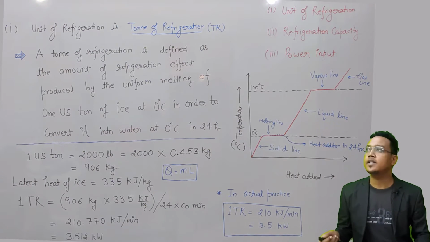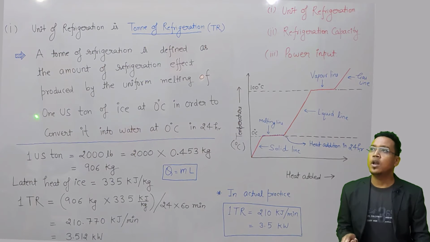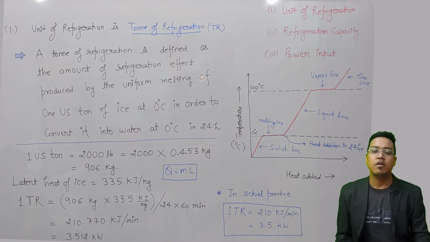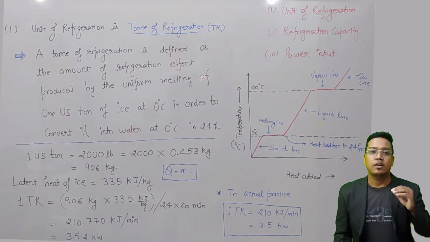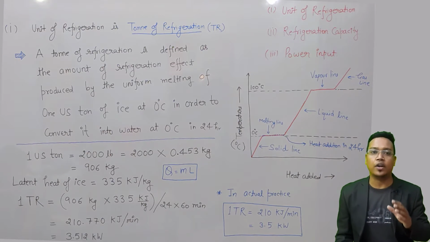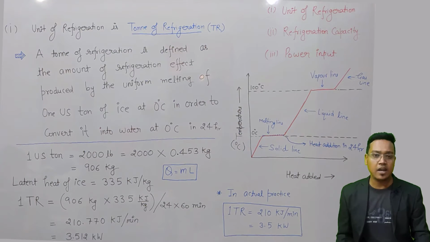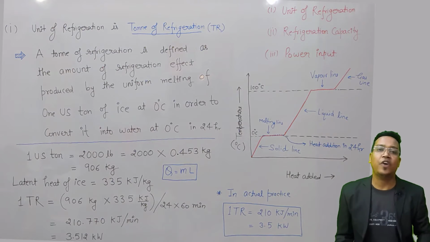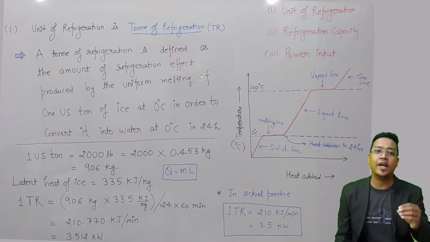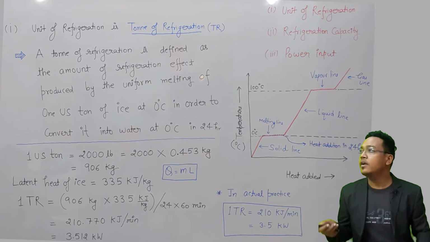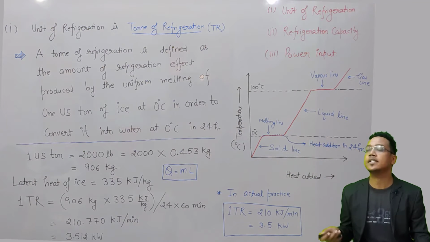Friends, to understand this definition, we will see the 3 phases of water on the temperature and heat addition curve. We will see all 3 phases of water, solid, liquid and gas, on the temperature and heat addition axis.